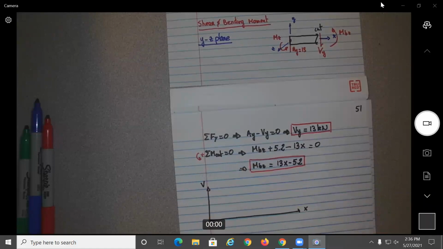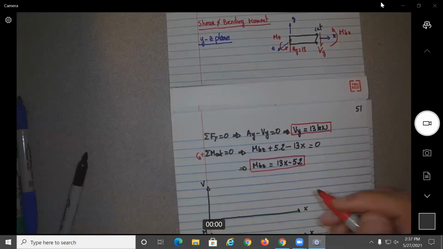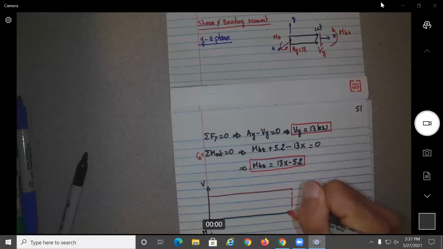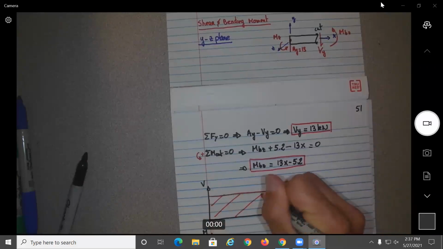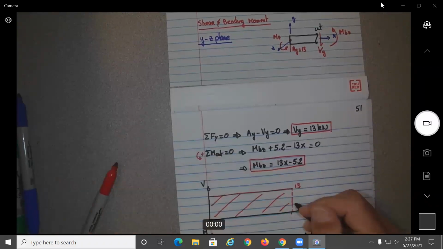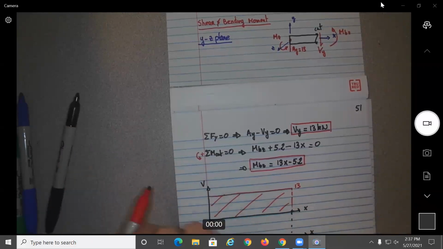So if we go and plot the shear and bending moments, we should have what? This would be equal to constant 13 now.